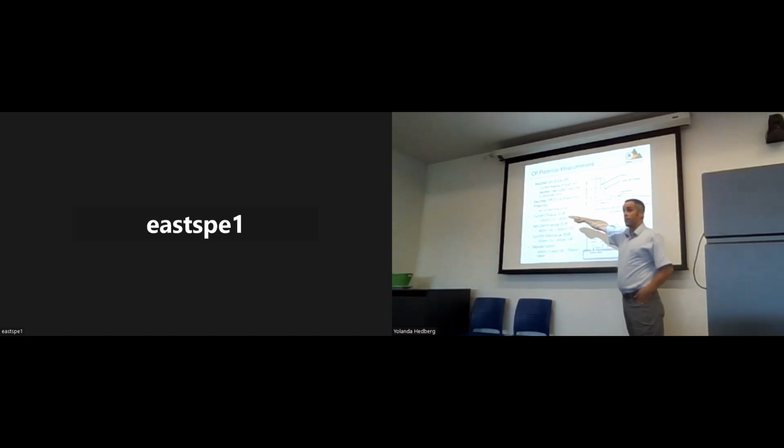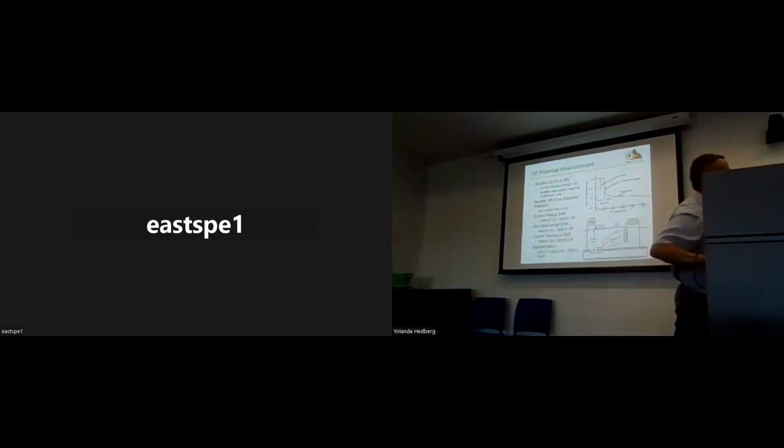Our on is more electronegative, negative 1000. That tells me that current is flowing through the soil in the direction of the pipe, according to this structure. Because, you see what I'm doing?